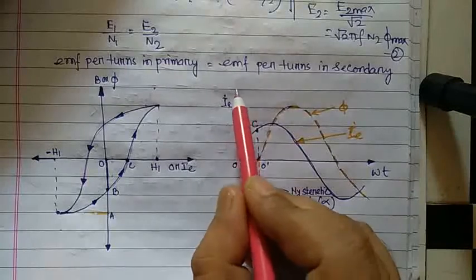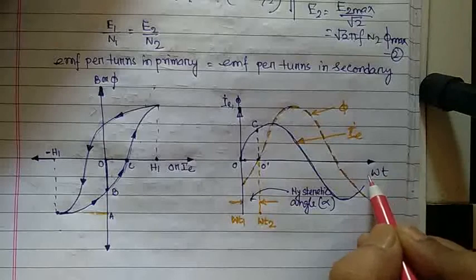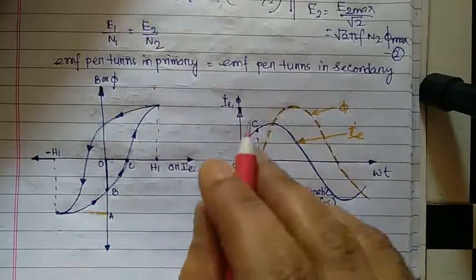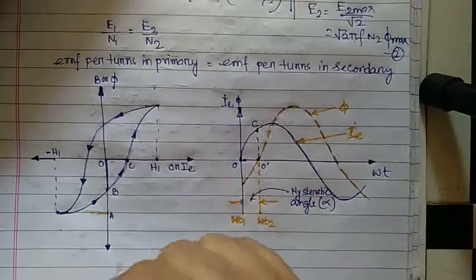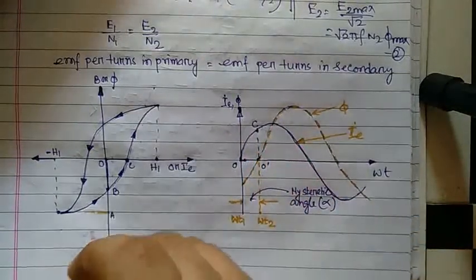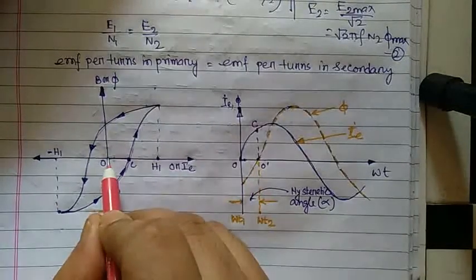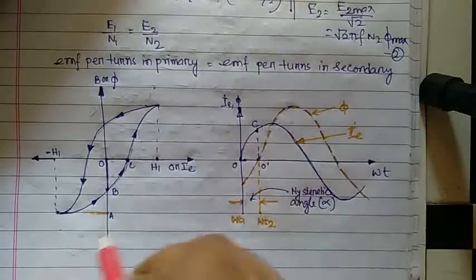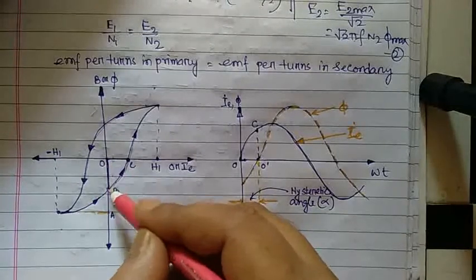Here in the next figure, IE and phi are taken on the same axis and omega t on the other axis. So both are sinusoidal in nature. So IE is alternating in nature. From this figure, when IE has 0 value, the flux has a negative value OB.